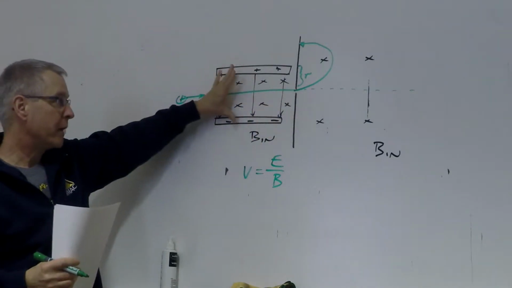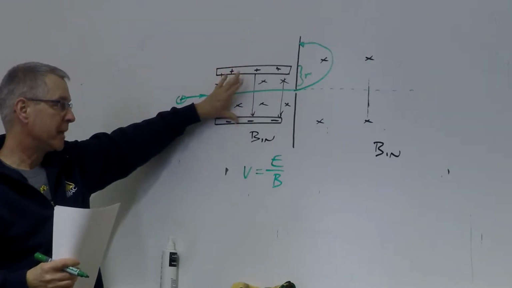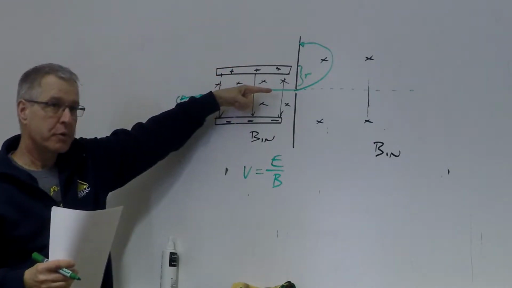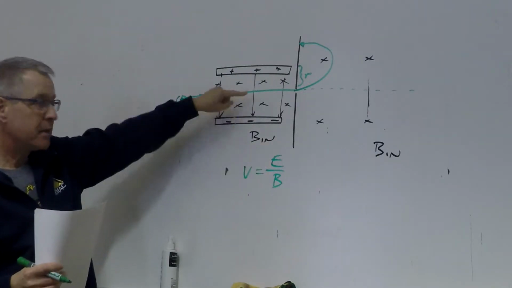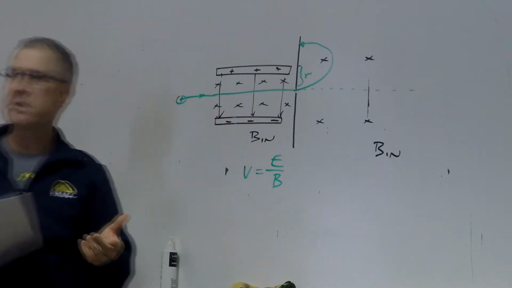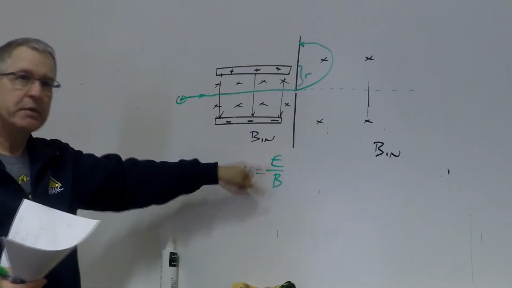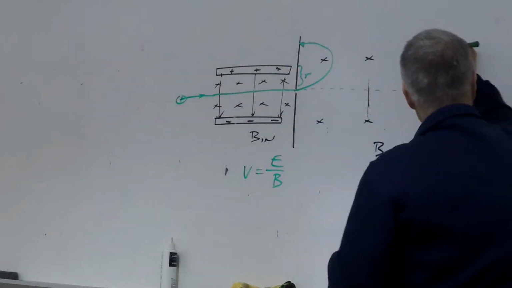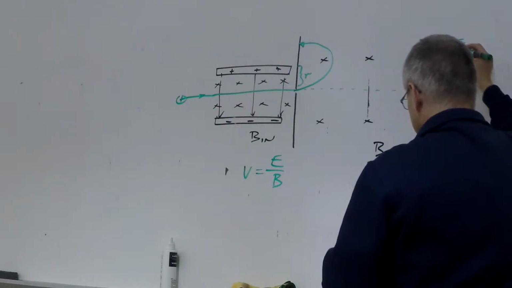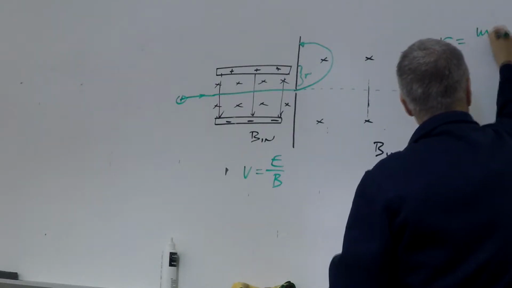All we have to do is adjust the electric field and magnetic field until we get our particle to go straight through. Whatever the ratio of these two is going to tell us the speed that we're going through there. We can pick different speeds that we want just by adjusting these fields. And we know the radius of that path, so we took a look at this the other day.